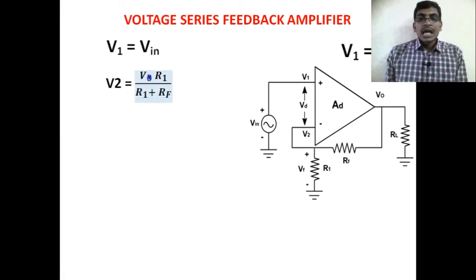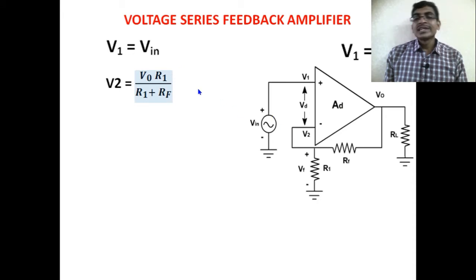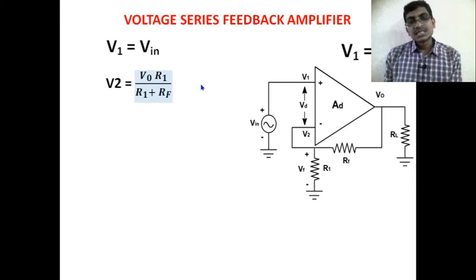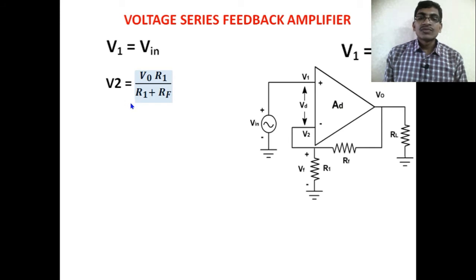As V1 is equal to Vin, we can also say V1 is equal to V2, which is equal to Vin also. Therefore, what is V2? From the output side, we can write V2, the voltage at the inverting terminal, which is nothing but the Vf, derived from output voltage V0.